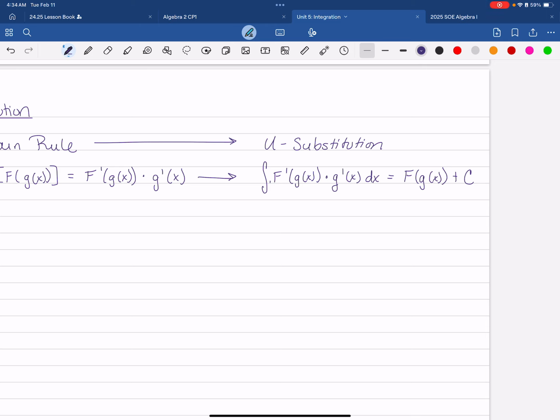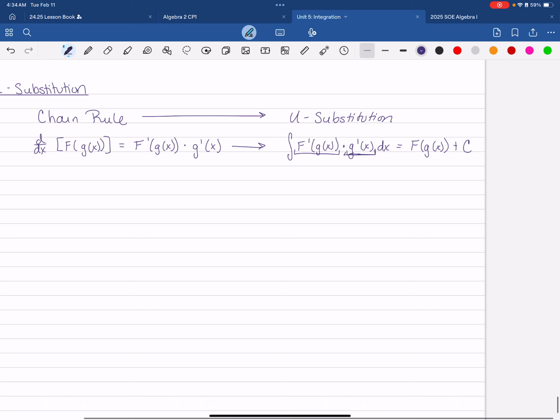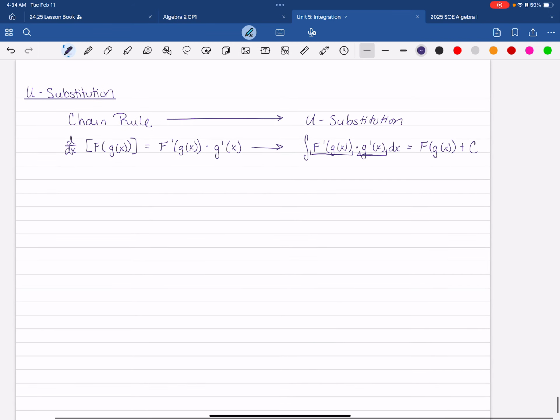You're going to be looking for these two pieces: a function that's embedded inside of another function, multiplied by the derivative of that embedded function. Again, it's just pattern recognition. So let's go ahead and take a look at some examples.